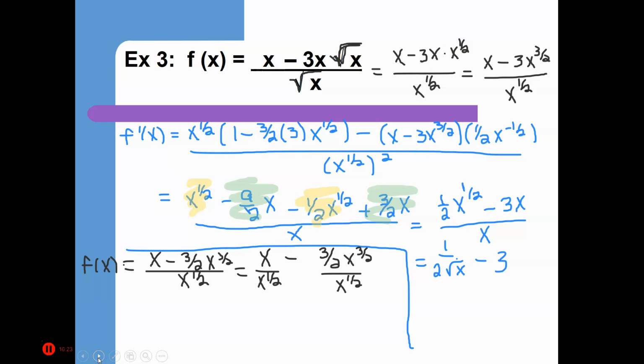So as long as your denominator contains no addition or subtraction, then you can divide the top terms by the bottom terms. So x over x to the 1/2 became x to the 1/2, and 3/2 over x to the 1/2 became negative 3/2 x.